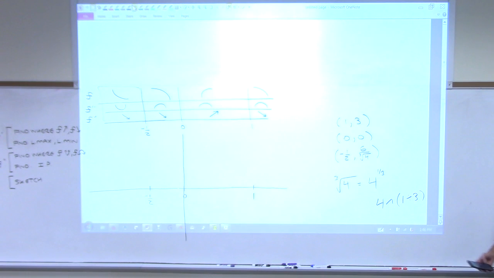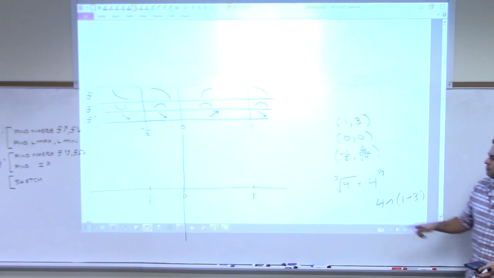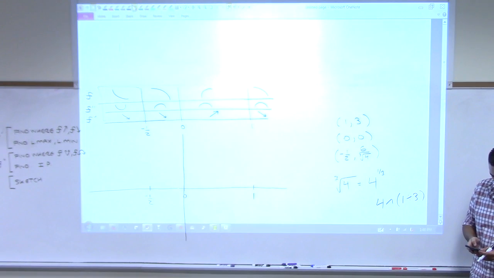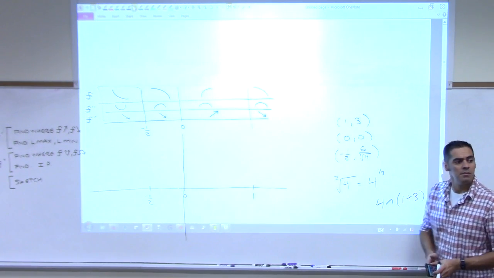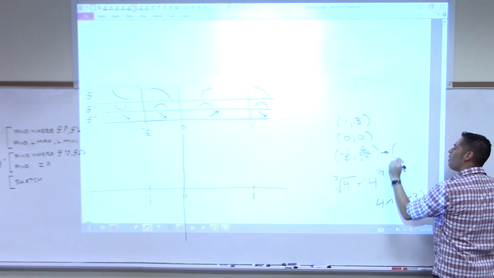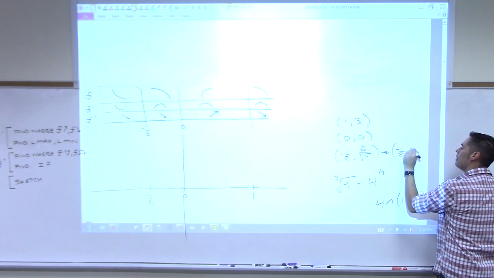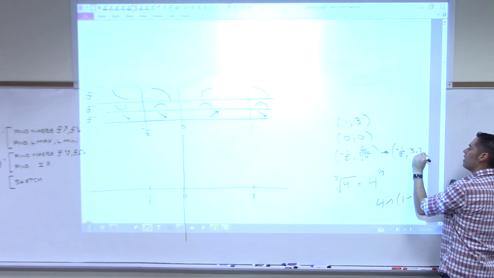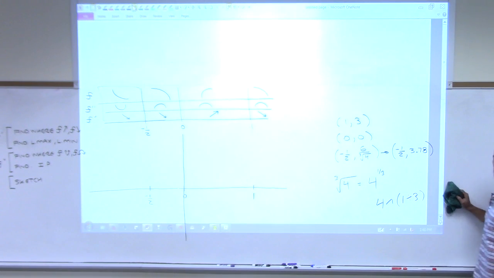And that will give you the cube root of 4. 1.587? Okay, so take 6 and divide that by that. 3.78. Okay. So this point right here is approximately -1/2, 3.78. Approximately. Good enough, right?